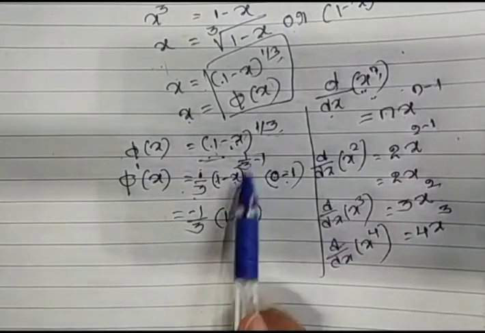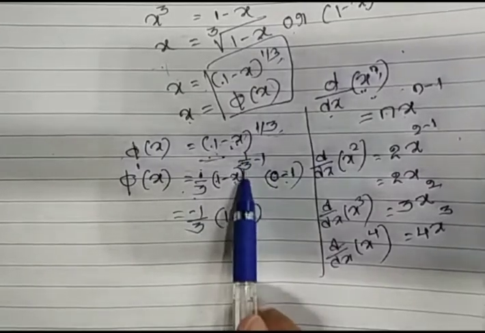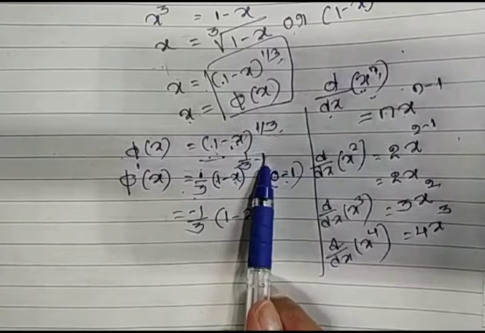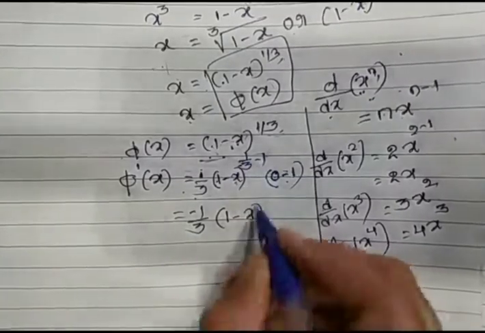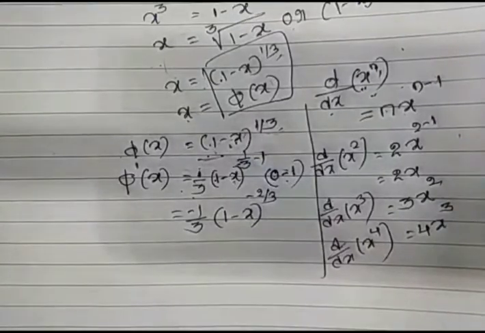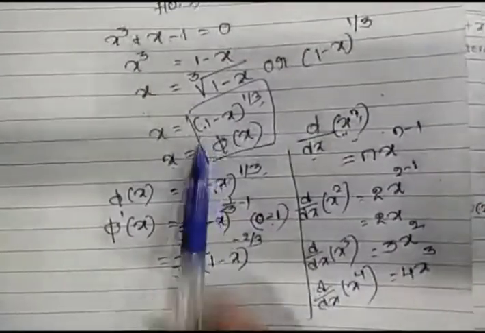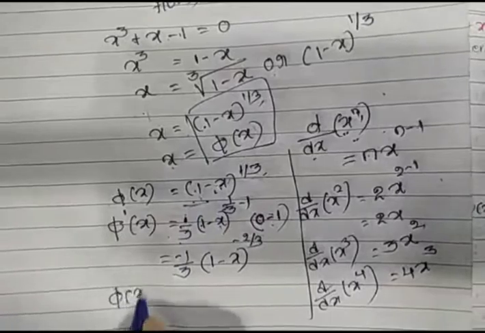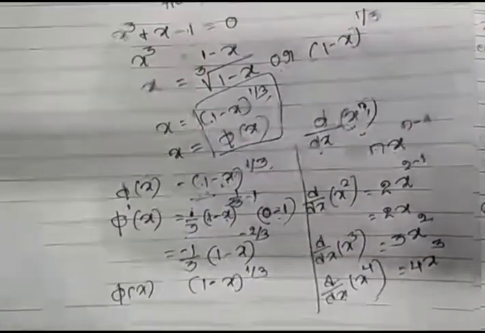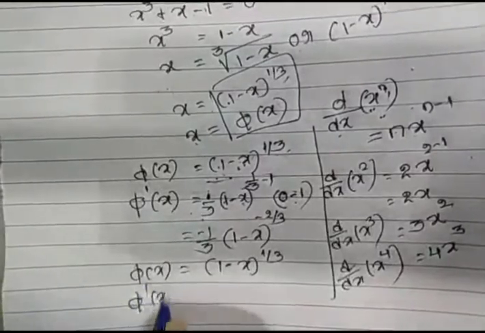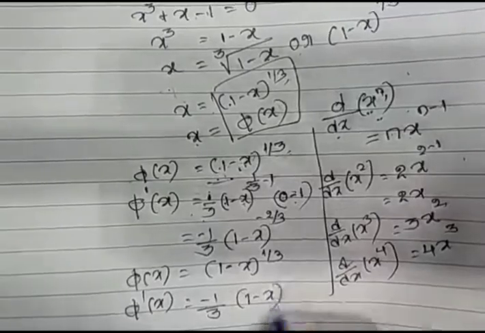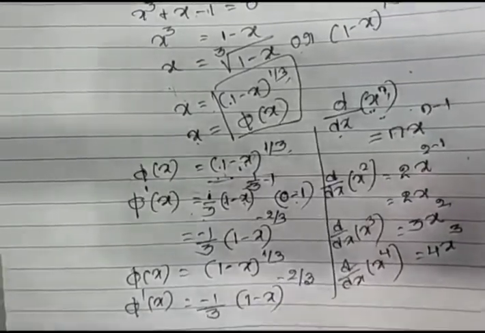After taking LCM, this will be 1 minus 3, that is minus 2, so this is minus 2 divided by 3. Therefore, the derivative of phi of x, which is 1 minus x raised to 1 by 3, is minus 1 by 3, 1 minus x raised to minus 2 by 3.